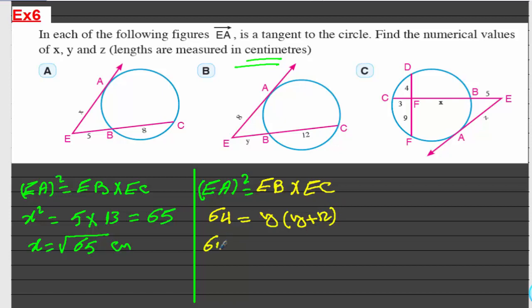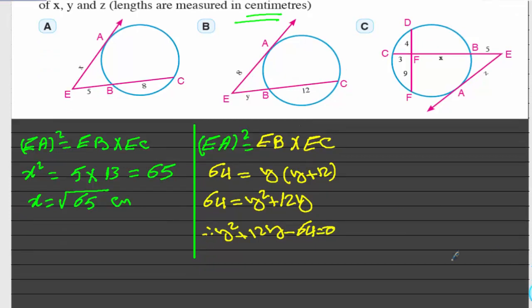So 64 equals Y power 2 plus 12Y, and Y power 2 plus 12Y minus 64 equals 0.